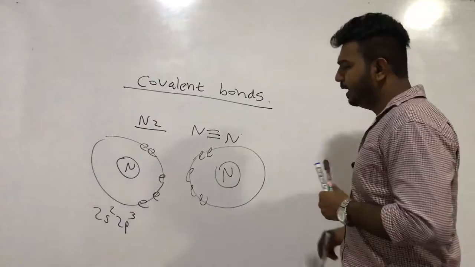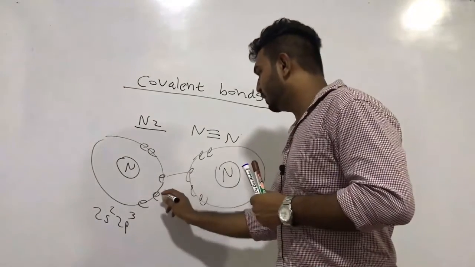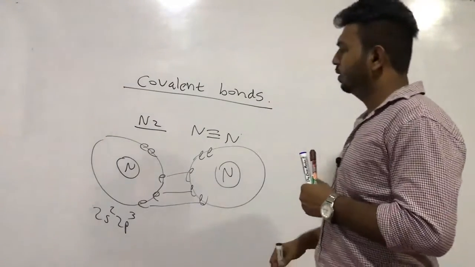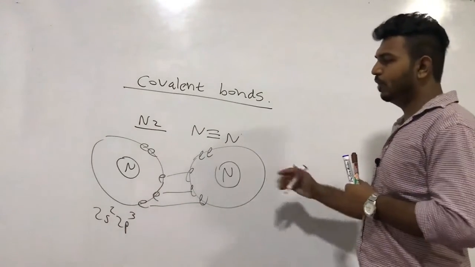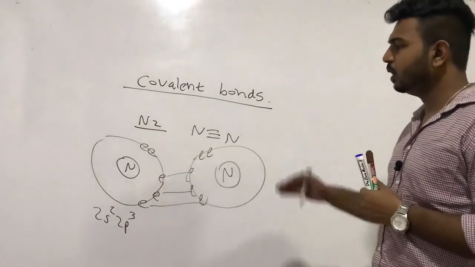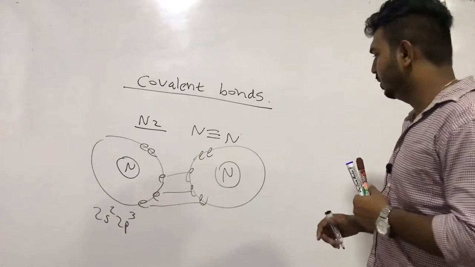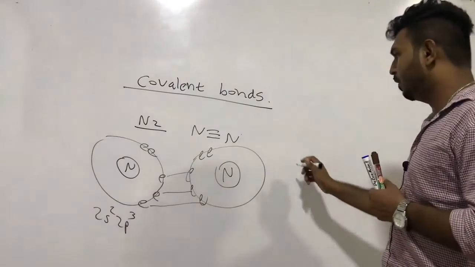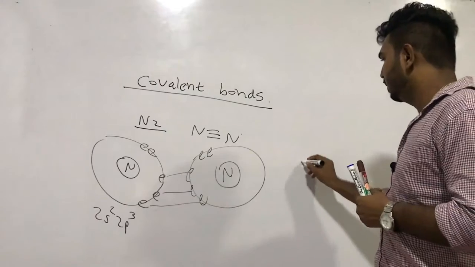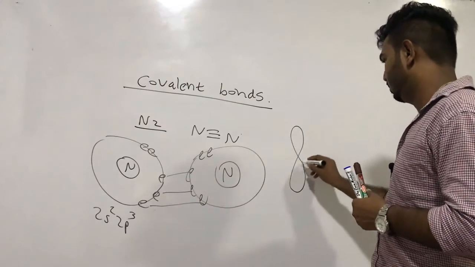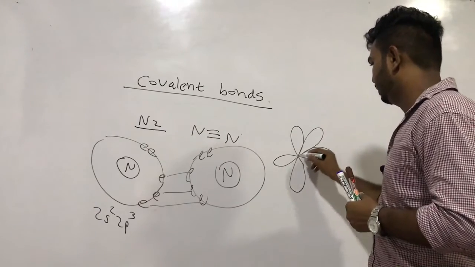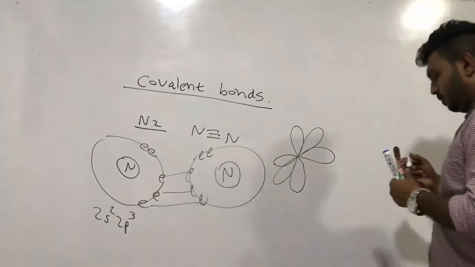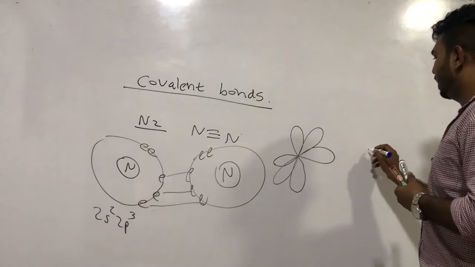So we need the bond formation of these electrons. This is a rough idea. So we need to consider the p orbital overlapping. So these are the overlapping.